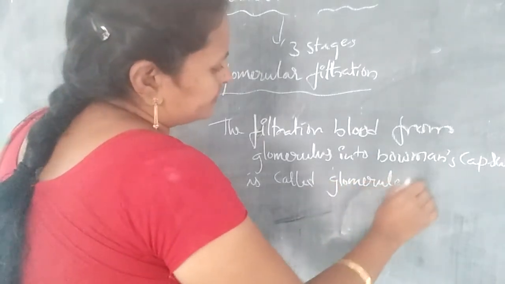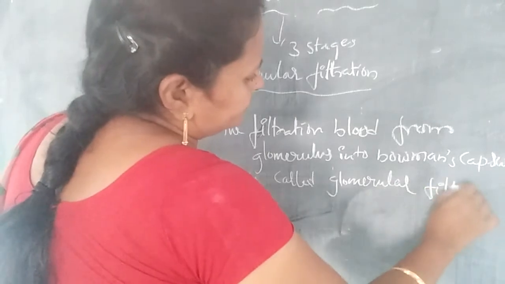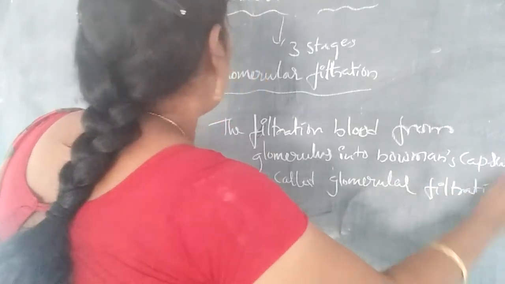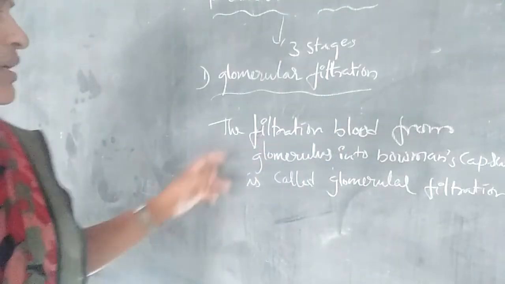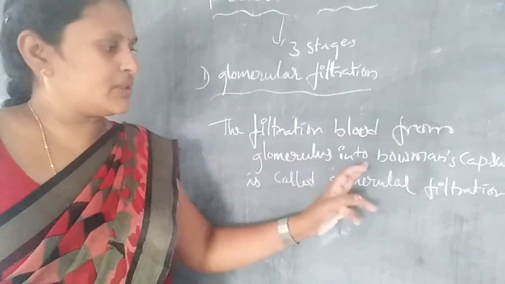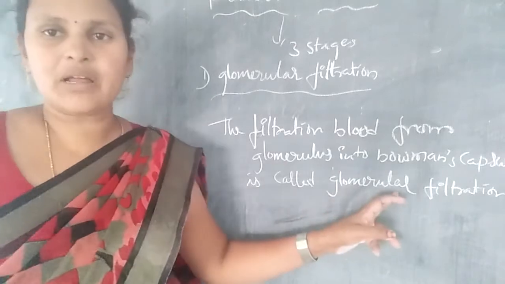What is glomerular filtration? It is a very important exam question also. The filtration of blood from glomerulus into the Bowman's capsule is called glomerular filtration.